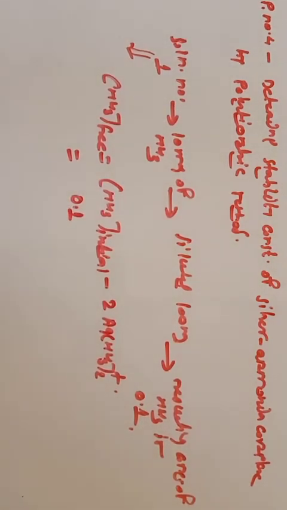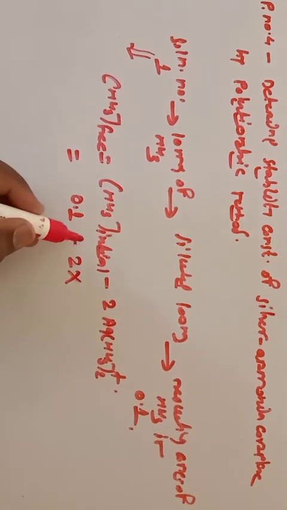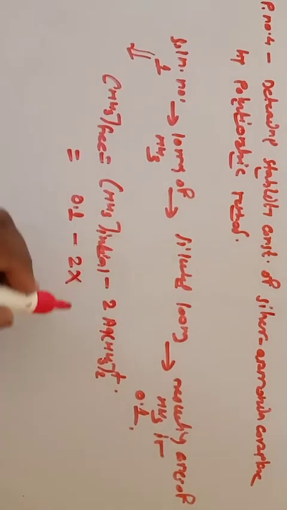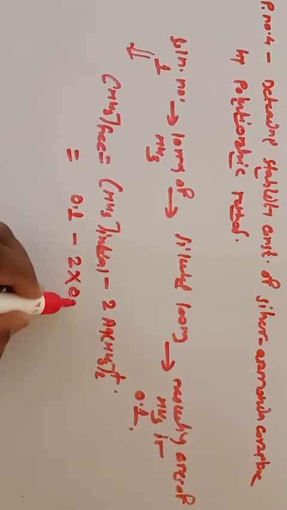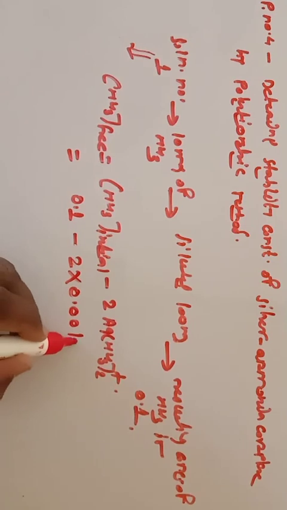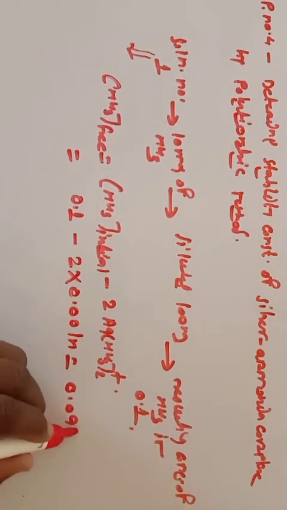After dilution to 100 ml, its concentration changes to 0.1 minus 2 into the complex concentration. So why do we take 2 here? Because we require 2 molecules of ammonia to form the silver ammonia complex. And the concentration of the silver ammonia complex is 0.001 normal, so it becomes 0.098.